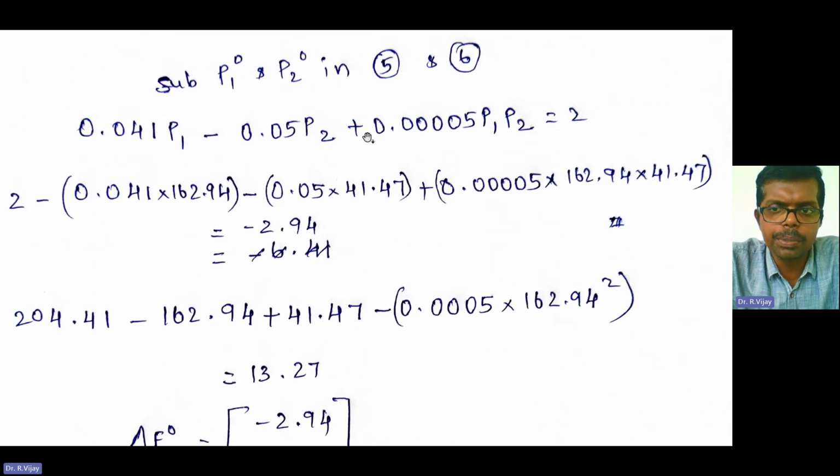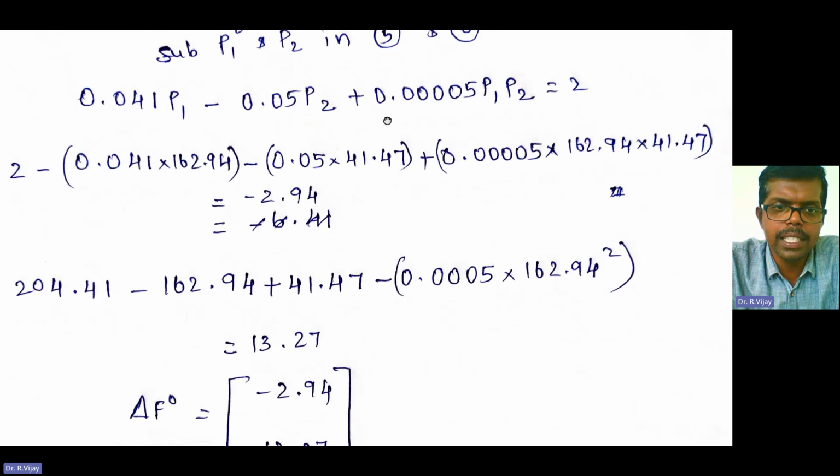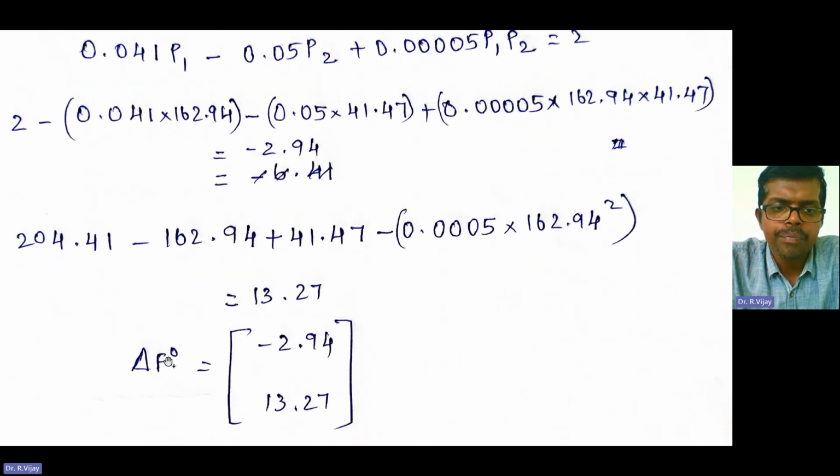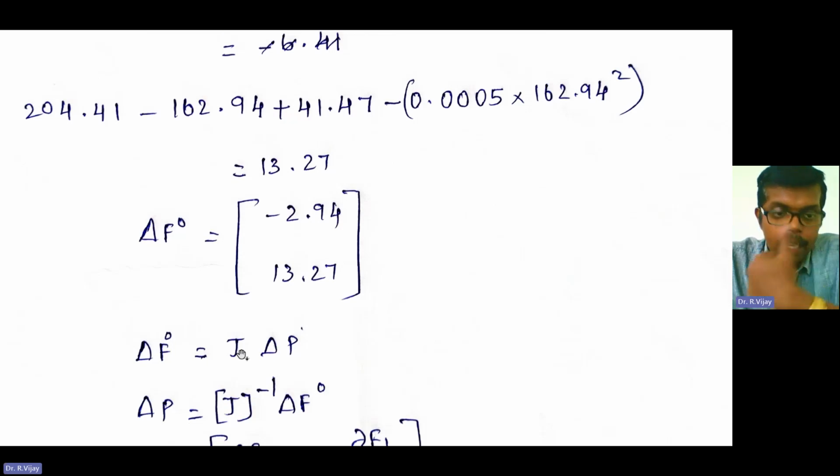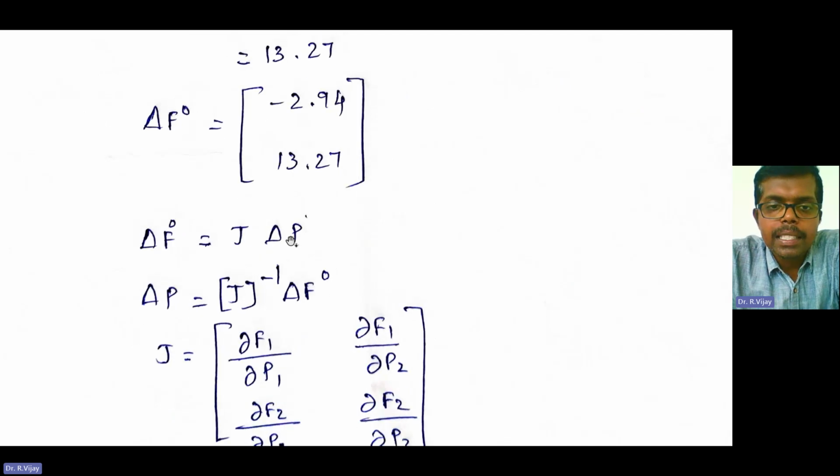Just substitute P1 naught and P2 naught in the same equations, 5 and 6, and calculate the change in function, that is del F naught. So this is the del F naught matrix: minus 2.94 and 13.27. Now what is the change in the function? Del F naught is equal to J into del P, where del P is the change in the power.